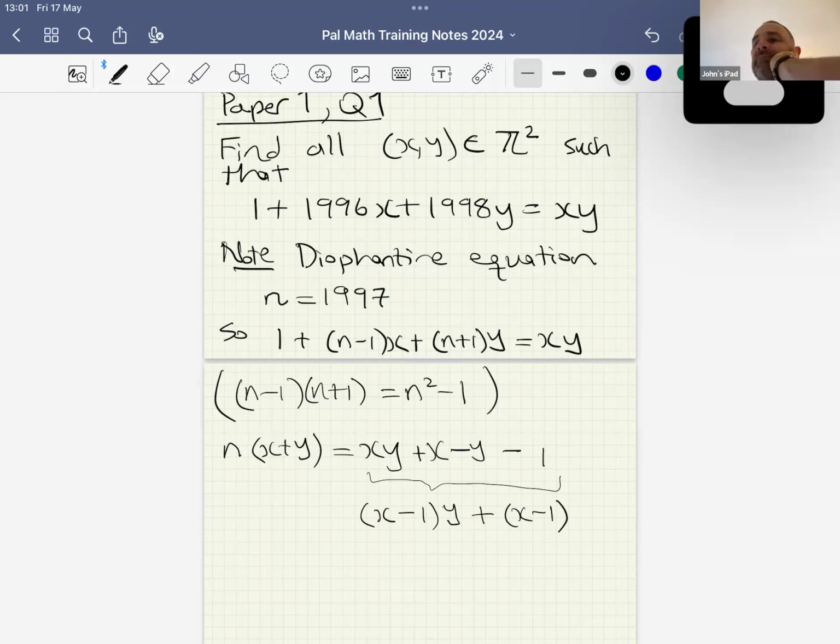Yes, and now we can rewrite that. We've got x minus 1 as a common factor, so we can actually write it as (x minus 1)(y plus 1). Well done.